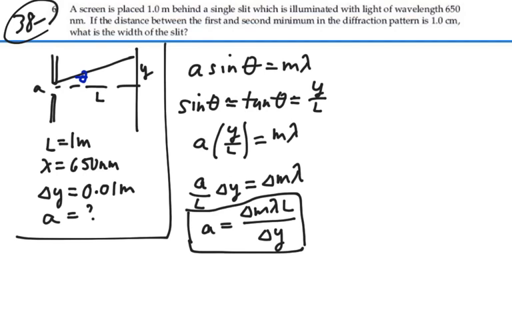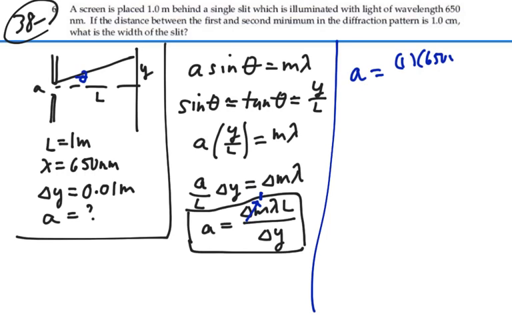The delta m between one minimum and the next successive one is equal to 1. So a is equal to 1 times lambda, which is 650 nanometers, times L, which is 1 meter, over delta y, which is 0.01.